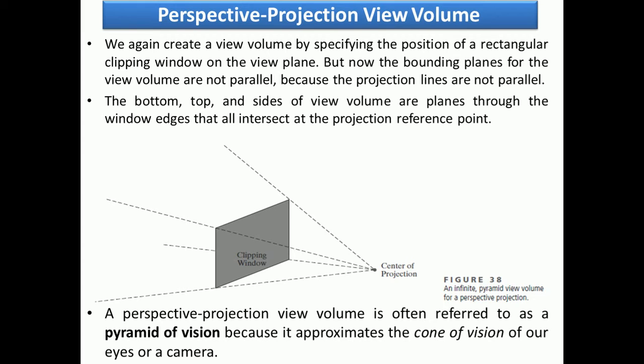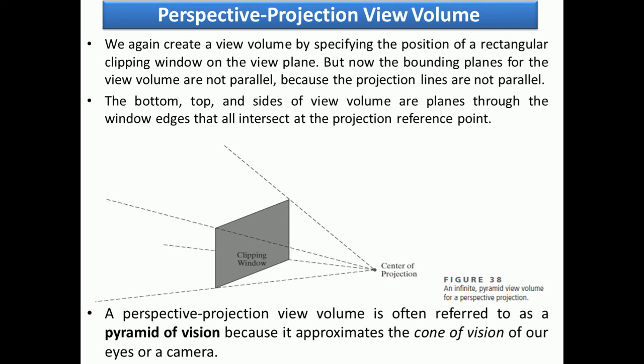Here the bottom, top and the sides of a view volume are the planes through the window edges that all intersect at the projection reference point. This forms a view volume that is an infinite rectangular pyramid with its apex at the center of projection.